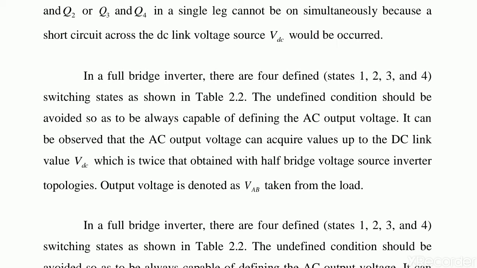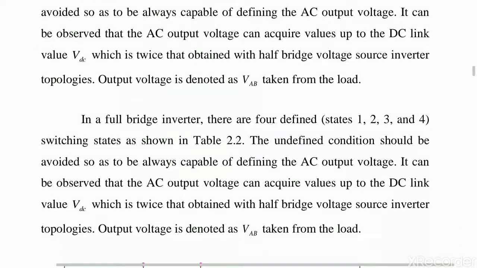In the half bridge inverter there are only two states, state 1 and state 2. But in the case of the full bridge inverter there are four states, 1, 2, 3 and 4. We will see the operation in each state and how the AC voltage at the output can be obtained.